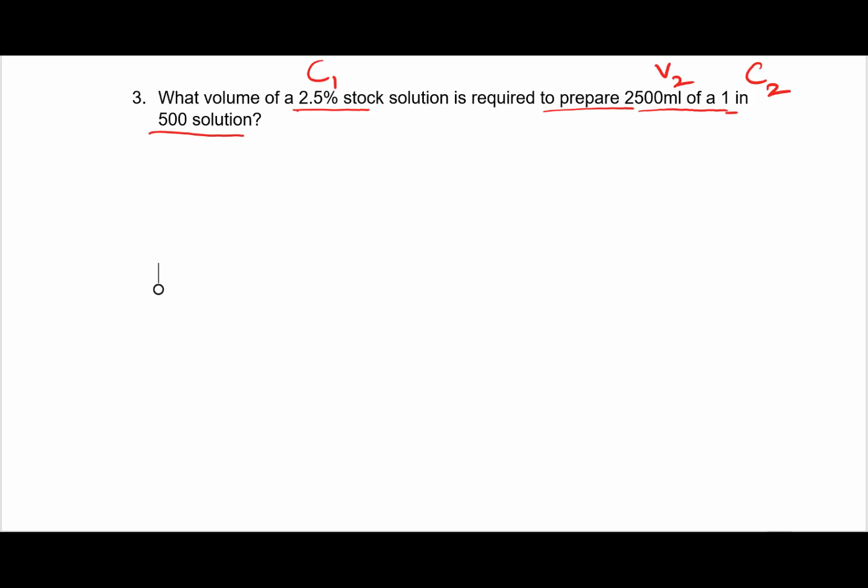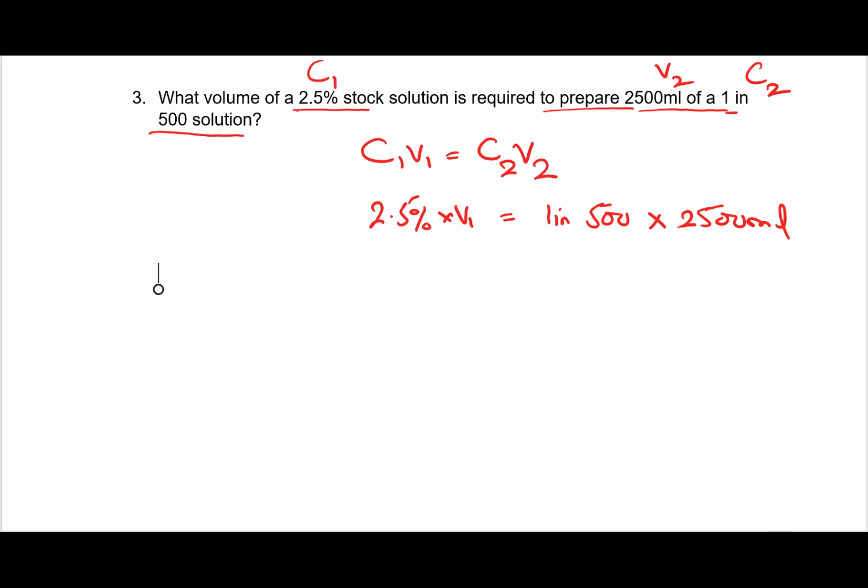So simply we can apply the C1V1 equals C2V2 equation. But the problem here is that the concentration on both sides is in a different form. So let's convert the concentration on both sides into the same form.